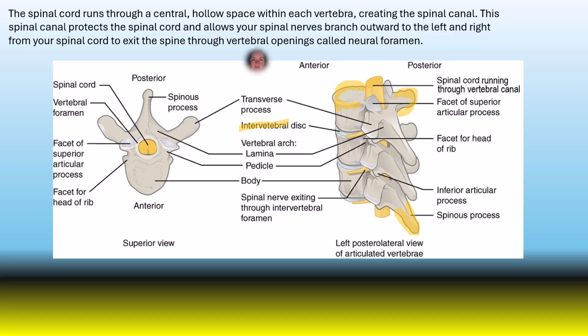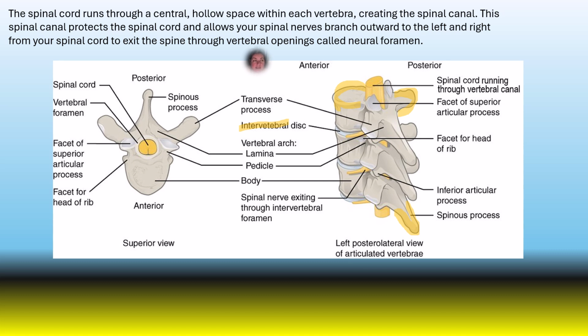All right. And in between each one, we've got an intervertebral disc that does the cushioning. Now remember, inter means between. Vertebral is referring to the vertebrae. So intervertebral means between the vertebrae. Now, between the big wide body in the anterior of the vertebrae and the spinous process in the posterior of the vertebrae, we have the spinal canal. This canal protects the spinal cord, and it also allows your spinal nerves to branch outwards to the left and right.